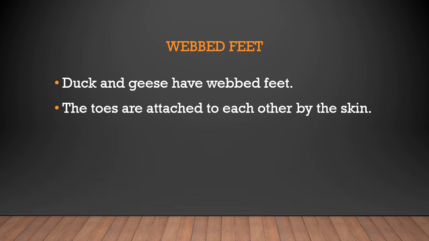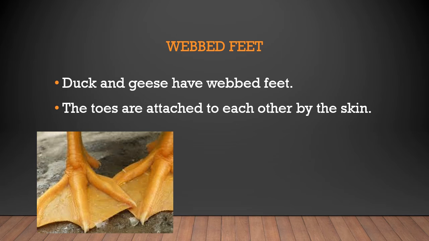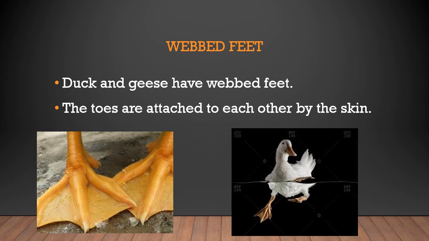Next is the webbed feet. You all must wonder how ducks and geese swim in the water. They have something called webbed feet. You can see that the toes are attached to each other by skin. These birds use the webbed feet as paddles to swim. Paddles means how you paddle your cycles, right?